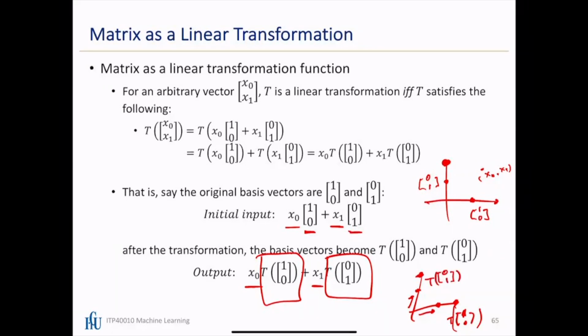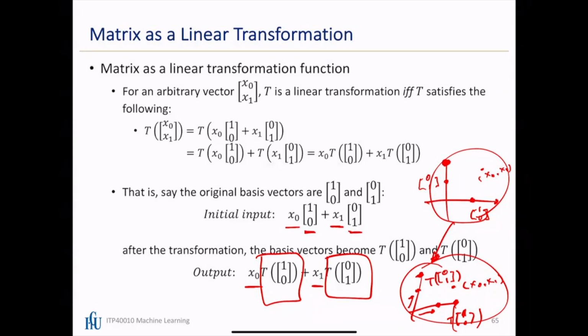But given that, in this space, my data is represented as x0 and x1. So basically, a matrix can be understood as going from this to this. You are transforming the space from the original one to the newer one. So this is what the statement on the top is stating: every matrix can be understood as a linear transformation.